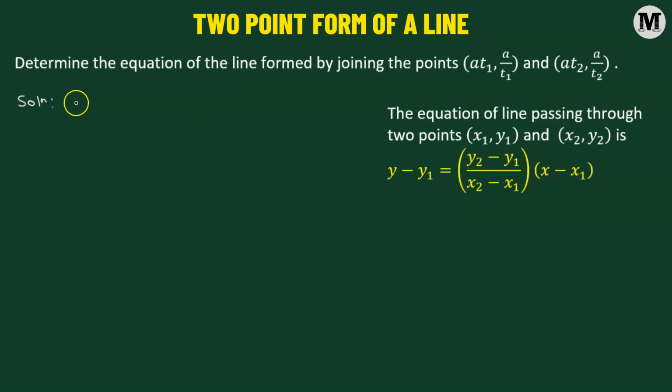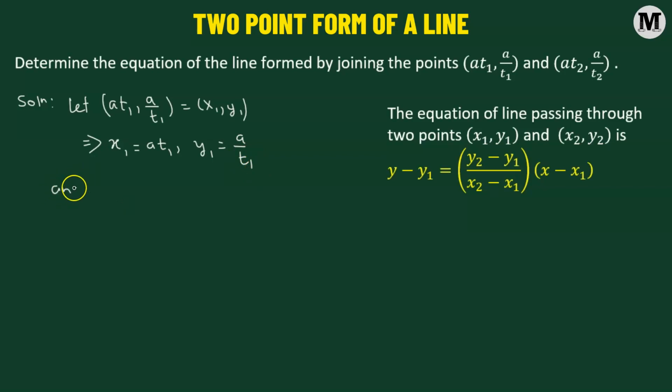So let us begin. Here, let's suppose that the point a t1 comma a over t1 corresponds to the point x1 comma y1. So this would mean that x1 will be a t1 and y1 will be a over t1.